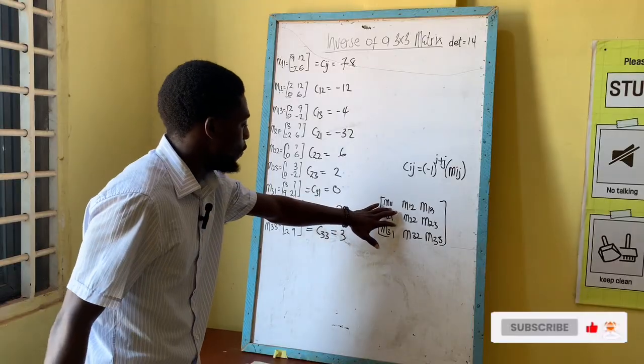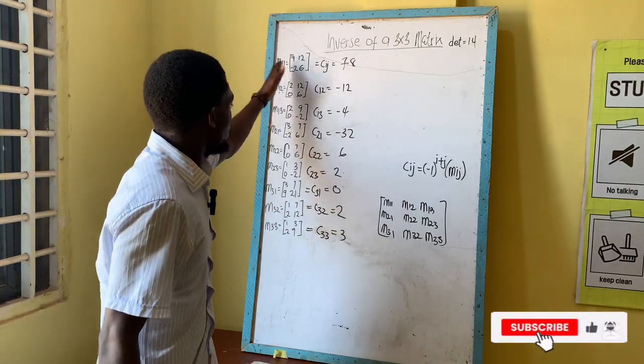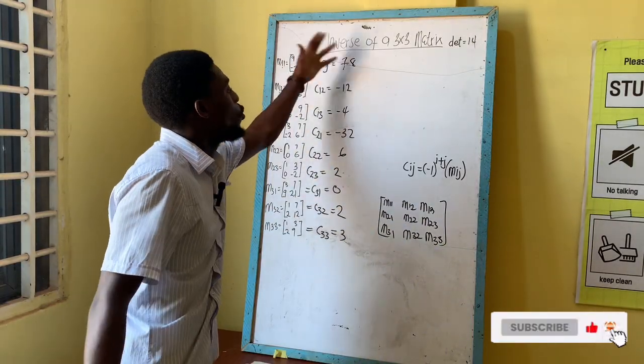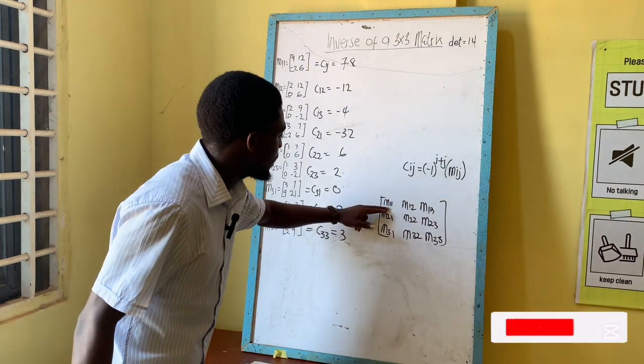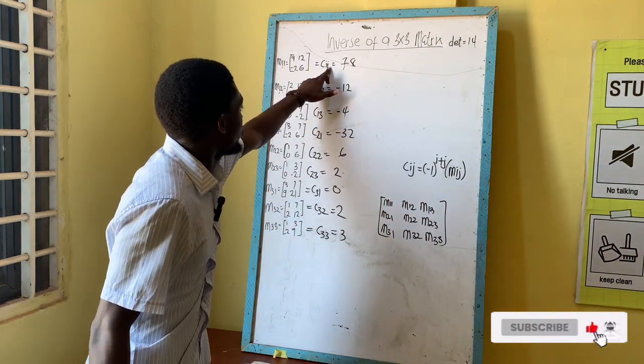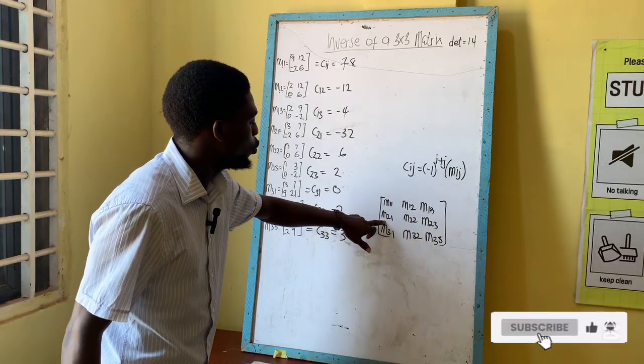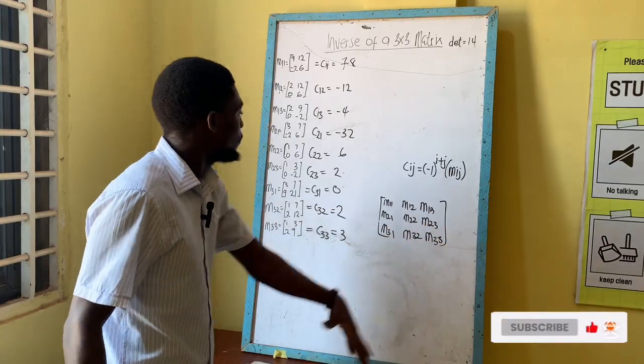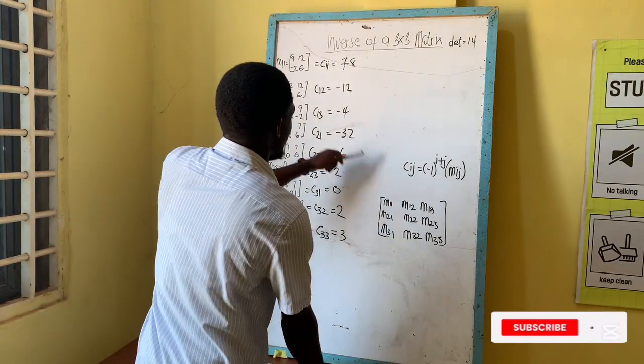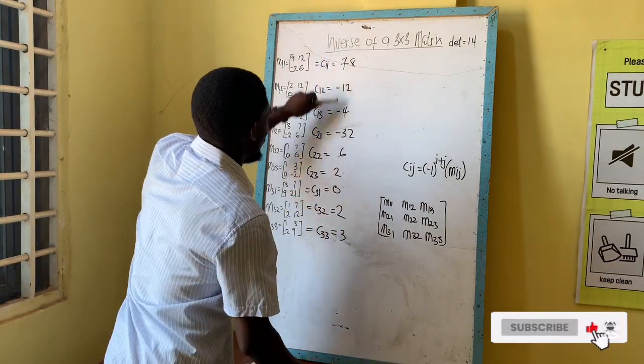Remember, this is the minus, but we've transformed this minus into cofactors. We are going to represent this by the cofactor 1, 1, this by cofactor 1, 2, cofactor 1, 3, cofactor 2, 1, cofactor 2, 2. Then it follows.